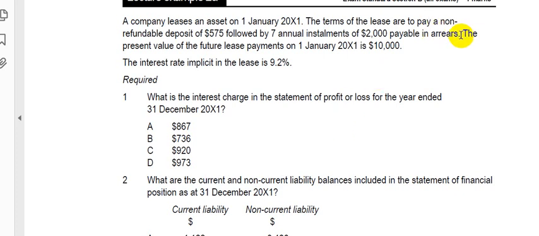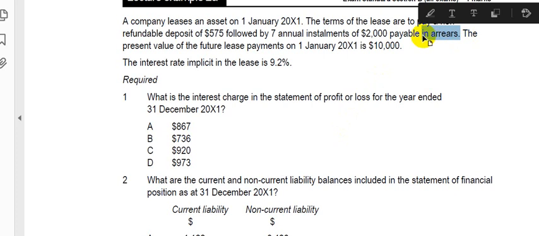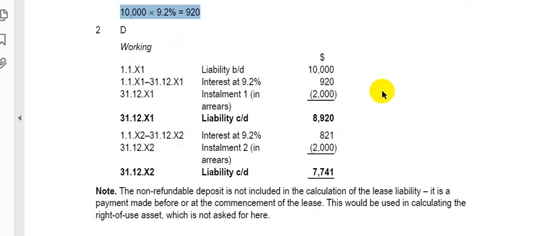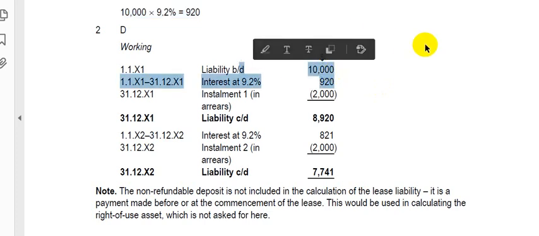Since the lease rentals are in arrears, it means we first add the interest to the opening lease liability before we subtract the installment. So we've got our liability there of 10,000.